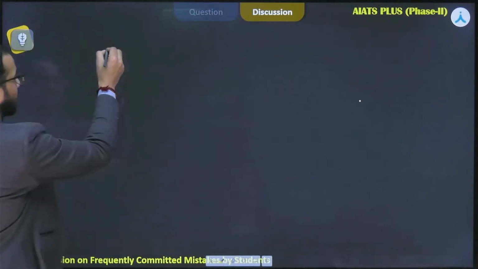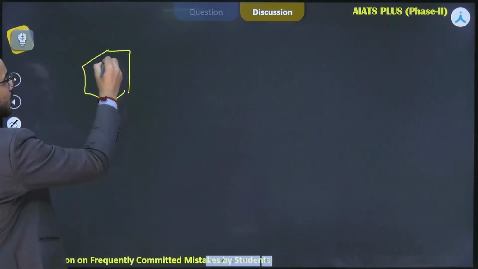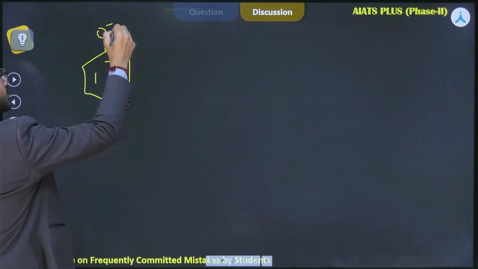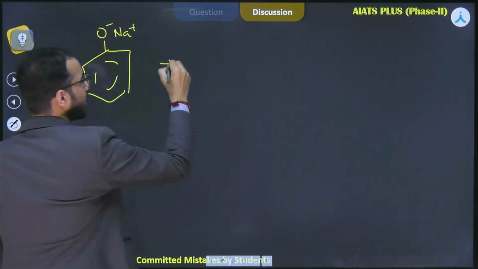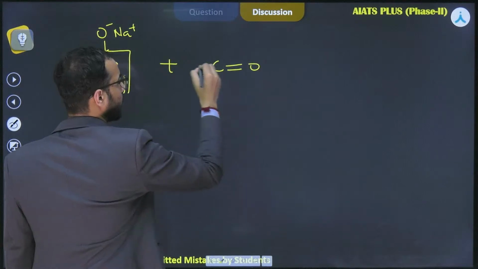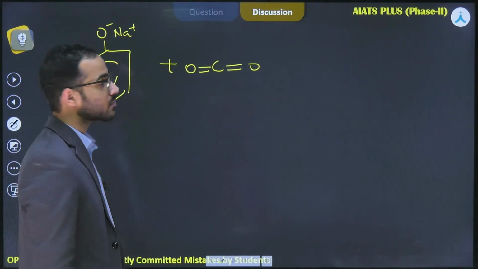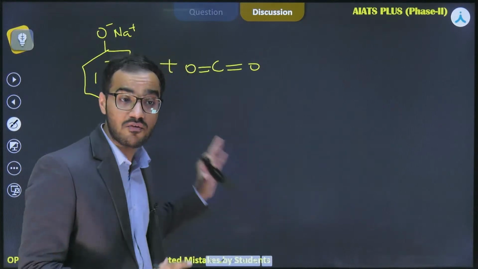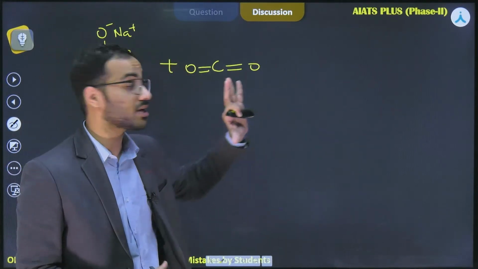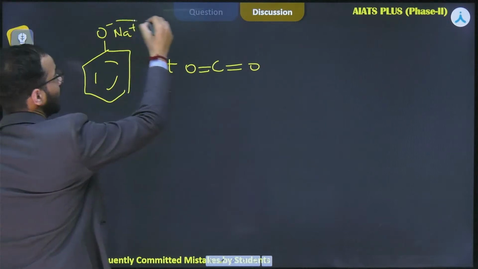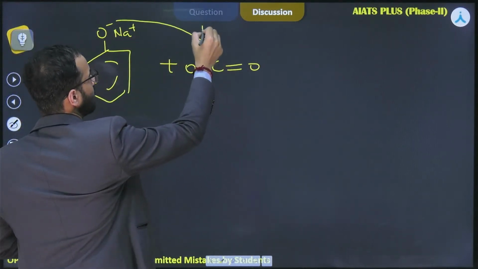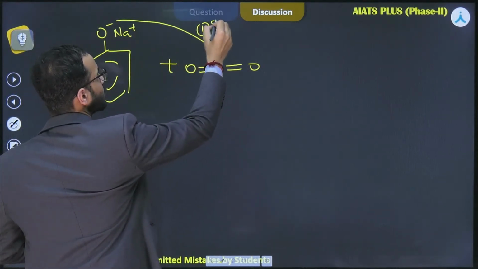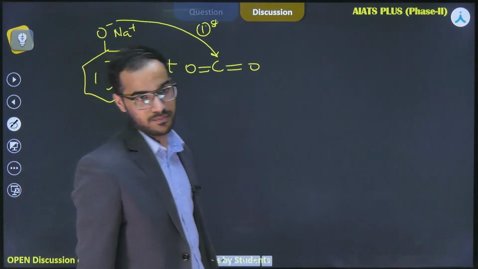So you are having O minus Na plus and C double bond O double bond O. Now there are two cases in which a nucleophile can attack. The first case is that the oxygen directly attacks. This will be the first possibility.